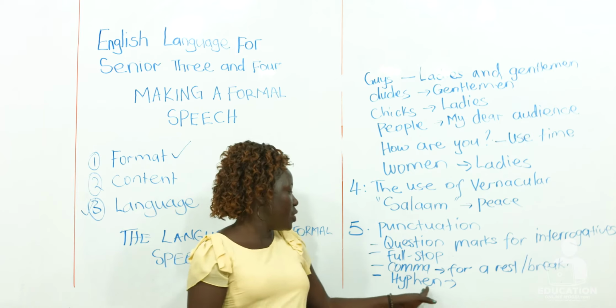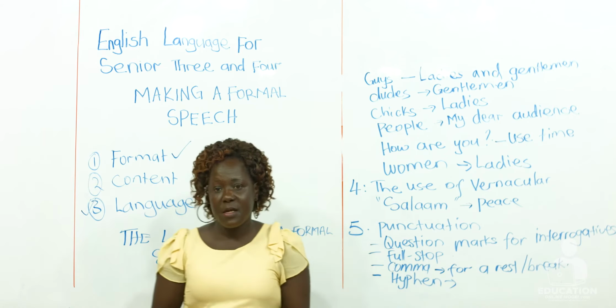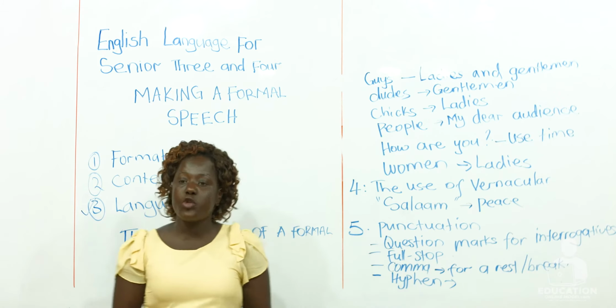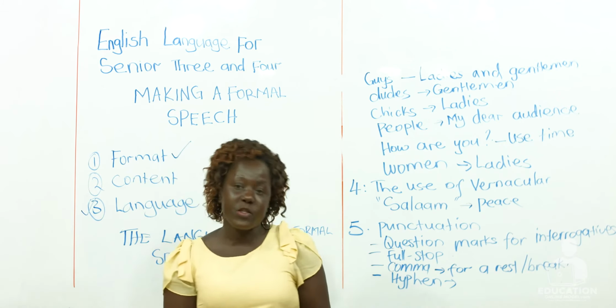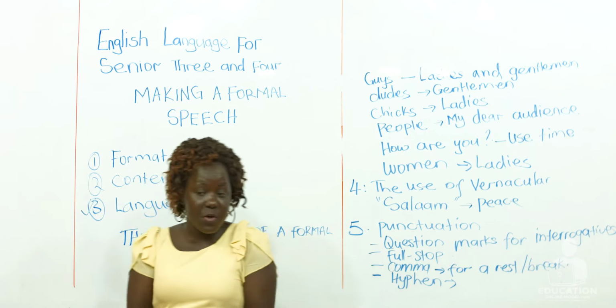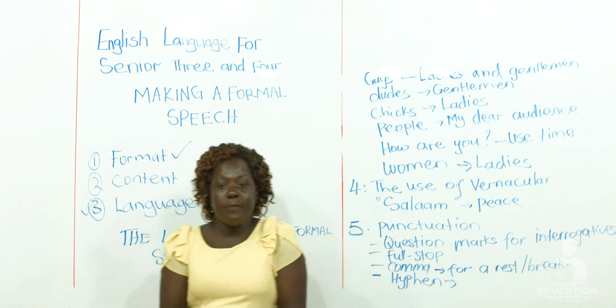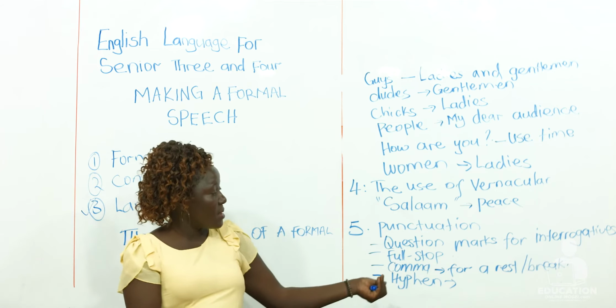So you should be using a hyphen in that case, plus any other punctuation mark like quotations. If you want to quote, for instance, when you're making a speech, you have the right even to quote from some books or from somewhere. So you have to use quotation marks.